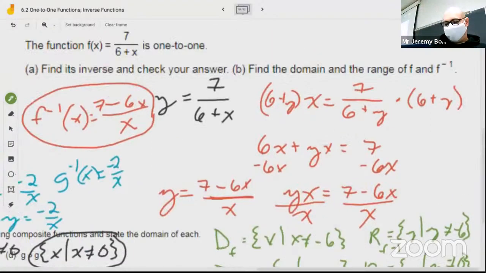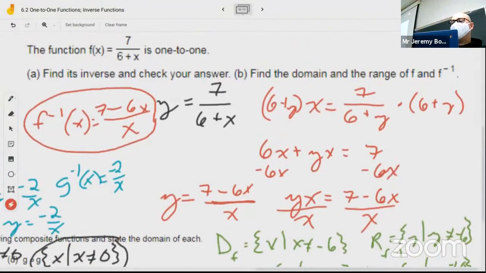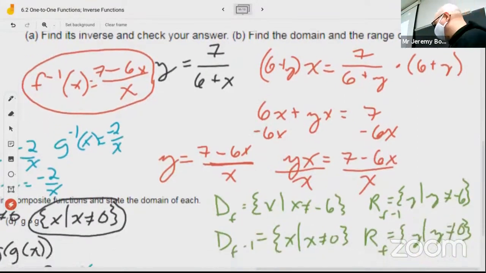Good. Which makes sense. If you look at this function, there's no way to make that 0, because for a fraction to be 0, the numerator needs to be 0. Our numerator there is 7. Can't make that 0. So that does make sense when you look at it. Any questions on that one?